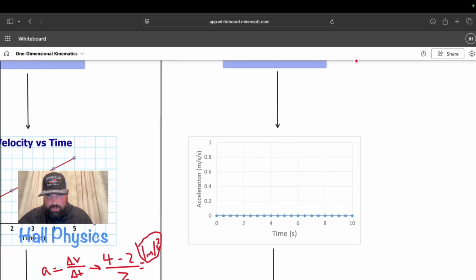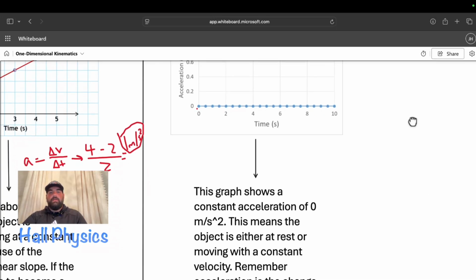So let's look at our graph. Our graph here tells us that our object has no acceleration. It is a flat line at 0 for 10 seconds. So what does that mean for my velocity?